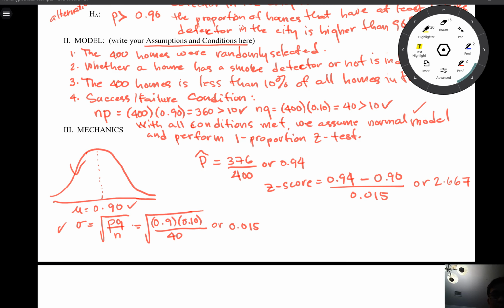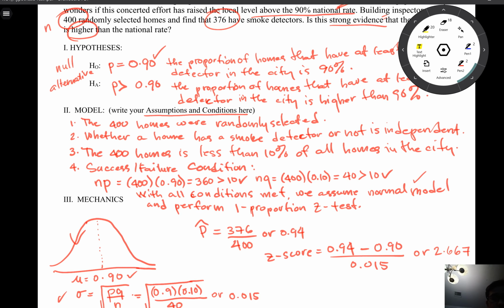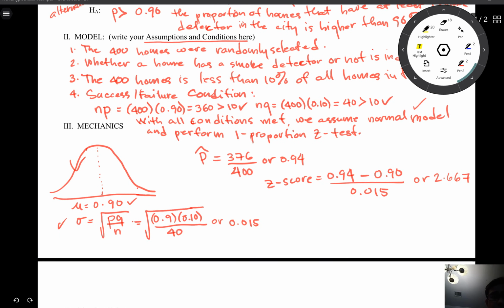2.667. Our null is saying higher, so it's going to be on the right side. Okay, so probably about here. And so we want to know what is the area here.